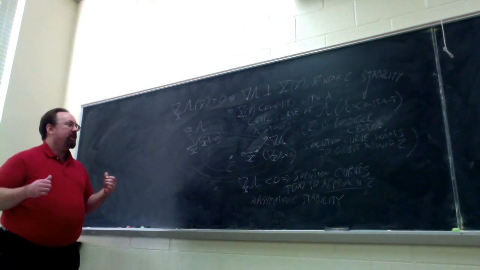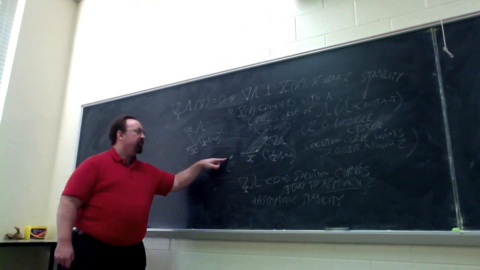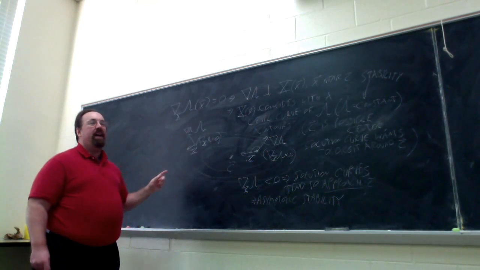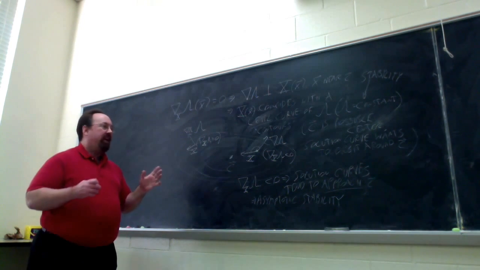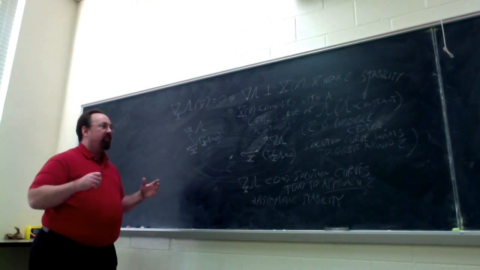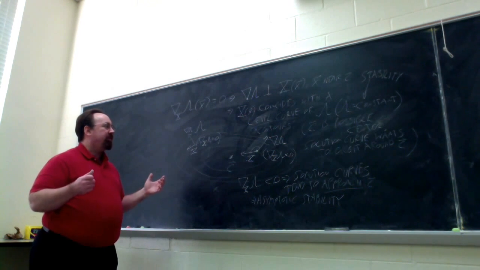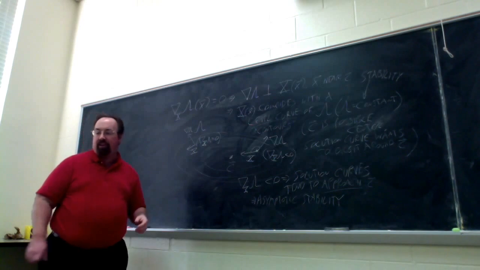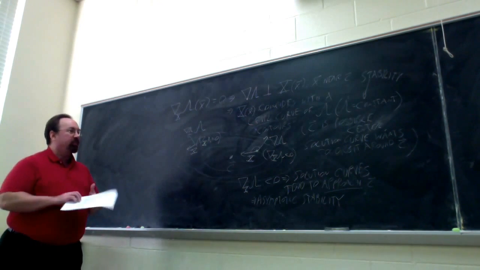Because it's a strict local minimum, any increase is going to be away from it. So if we can find a function that has these properties, that tells us that the fixed point is going to be either stable or asymptotically stable.